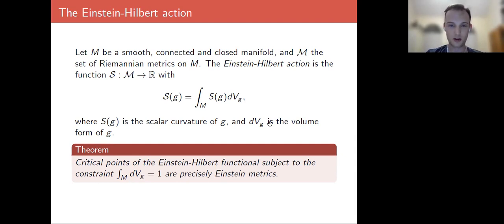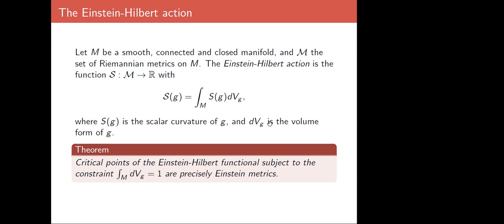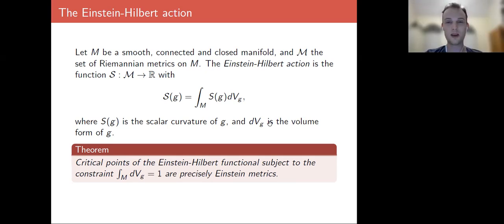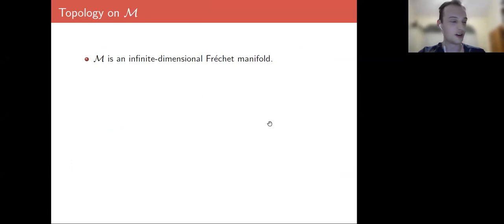All right, so this is the main theme. We've got a functional, and we want to use the calculus of variations and analytical techniques to find critical points. How do we go about doing that? Well, when you're studying a function, perhaps the first obvious thing to do is look at the domain of this function. So let's have a look at \mathcal{M}, the set of Riemannian metrics on this manifold M. If we're insisting on smoothness, then it's not easy.